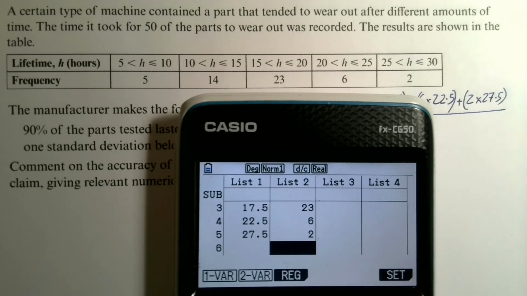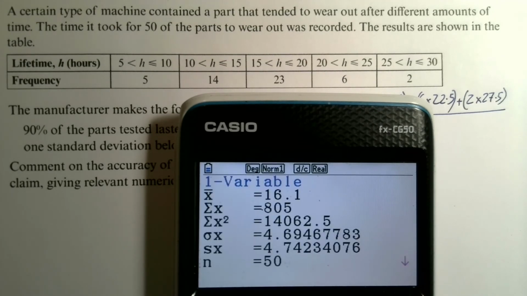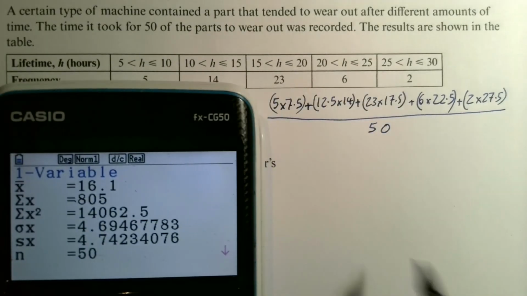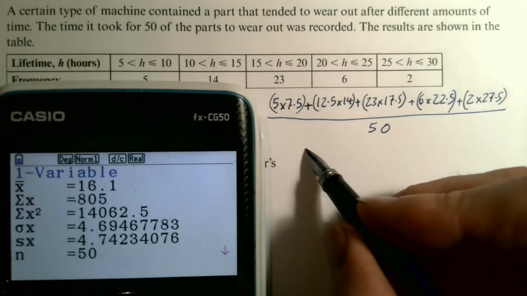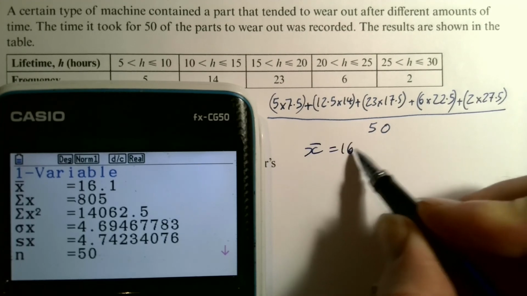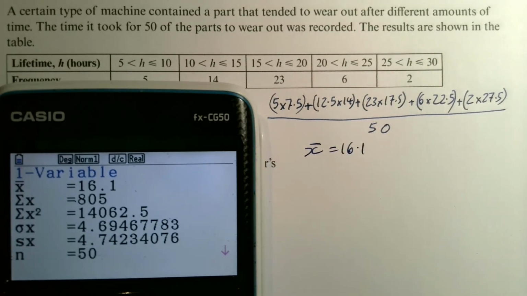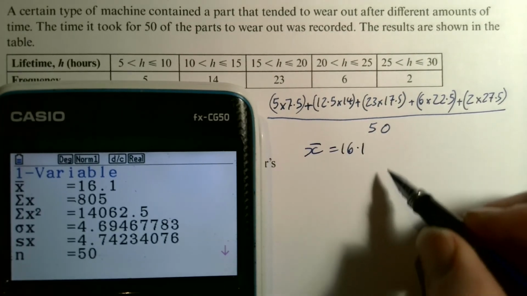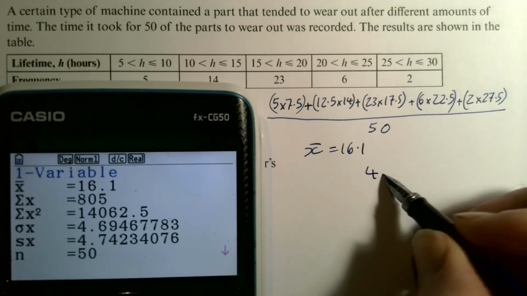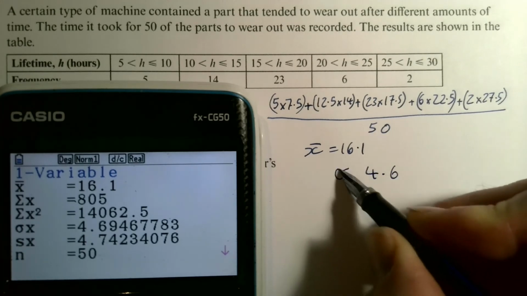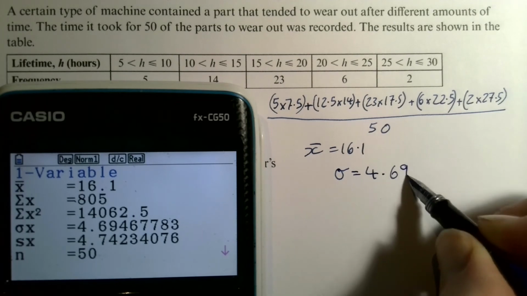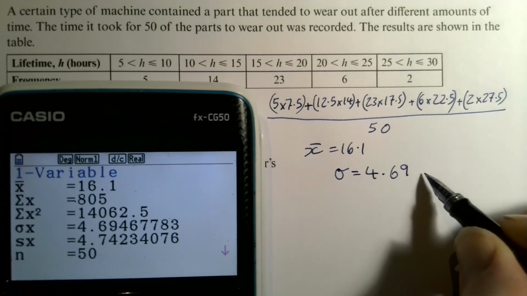and then press calculate and go one var, and that's giving us our mean as being 16.1, and it's worked out our standard deviation, which you could do using the formula, and that should have given you 4.69 to 3 significant figures.